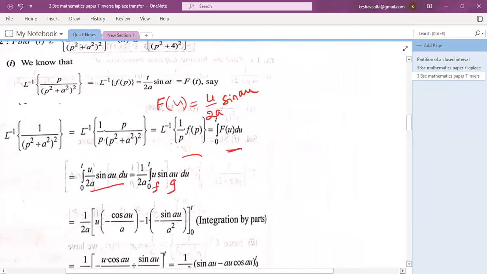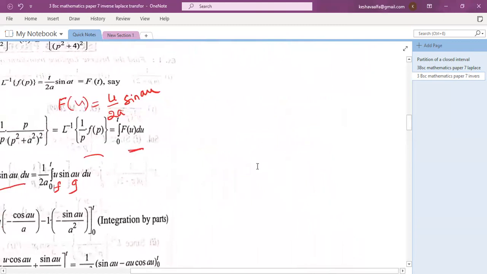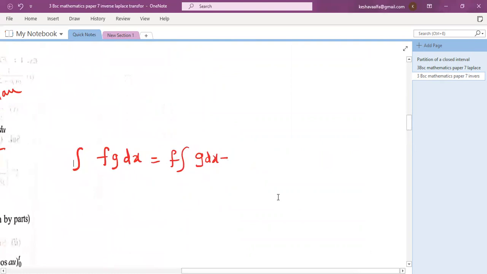So just to simplify this one. Integral f g dx is equal to f into integral g dx minus integral df by dx into integral g dx whole dx.